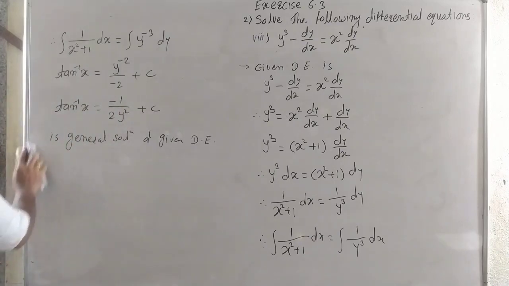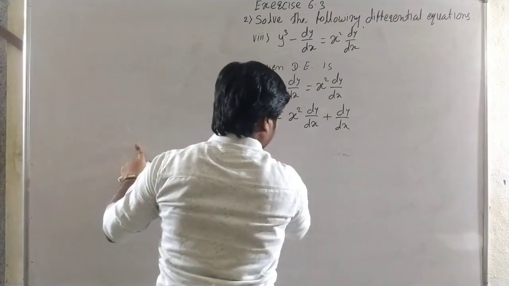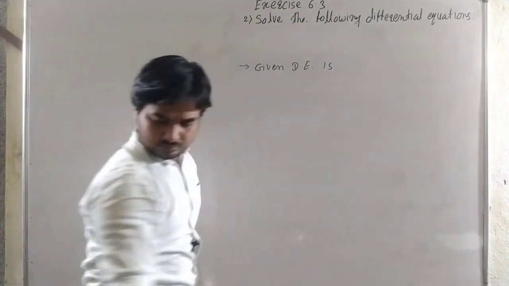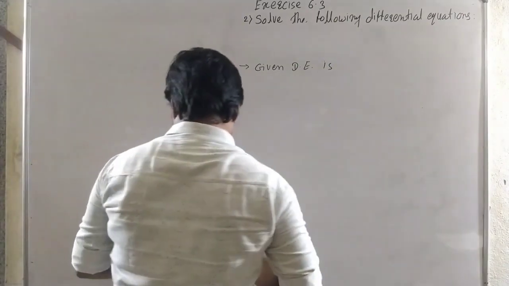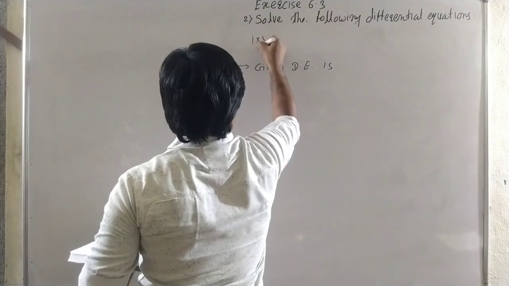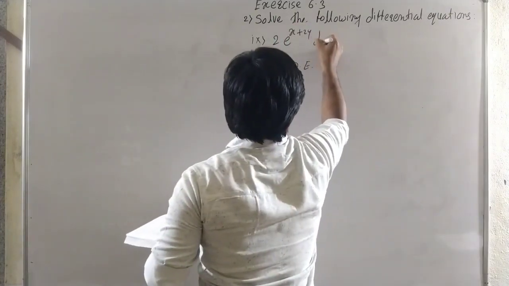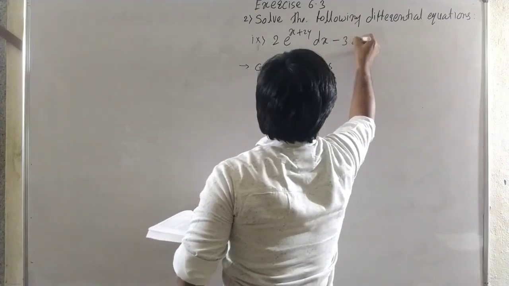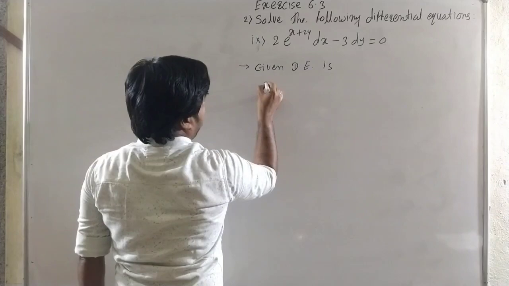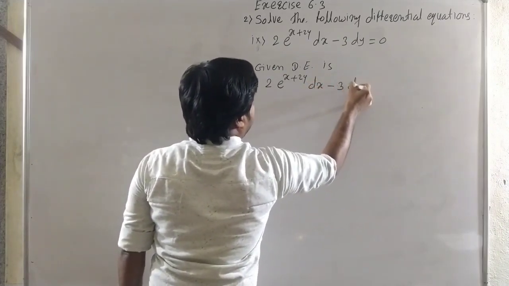Now the next, example number 9. 2 into e raised to x plus 2y dx minus 3 dy is equal to 0.